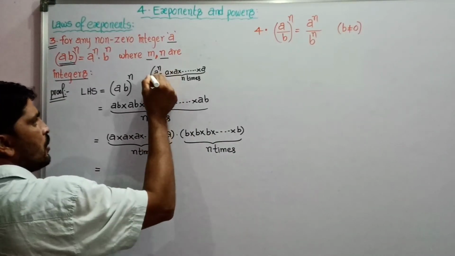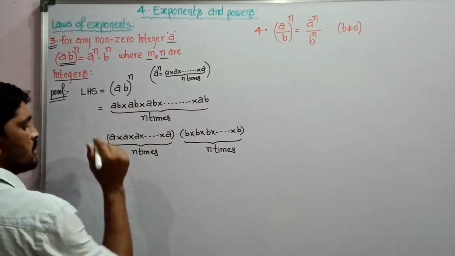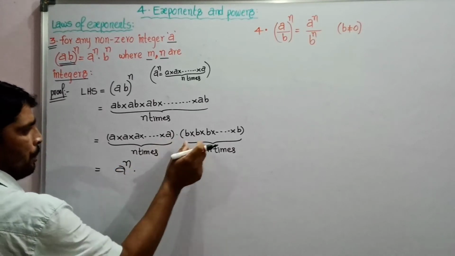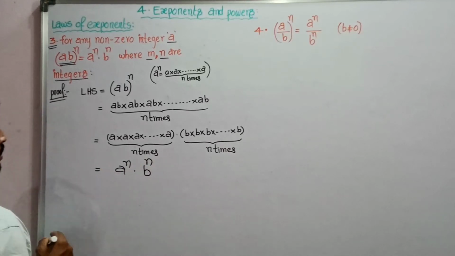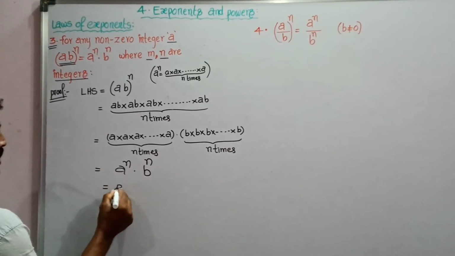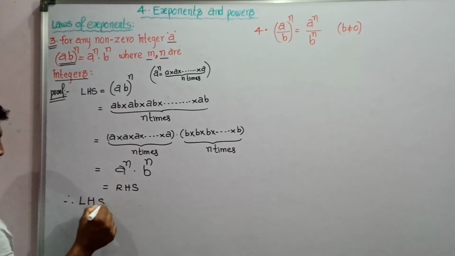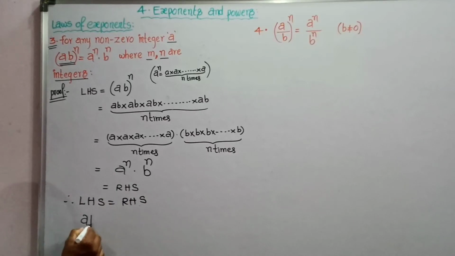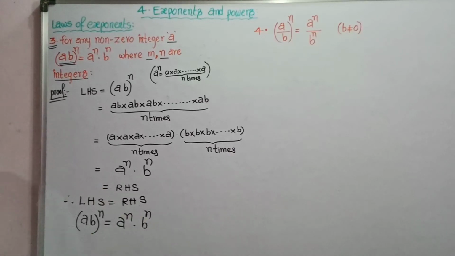Again, by the definition of exponents, a occurs n times can be written as a^n, and b occurs n times can be written as b^n, which is the RHS. Therefore, LHS equals RHS. That is, (a × b)^n = a^n × b^n.